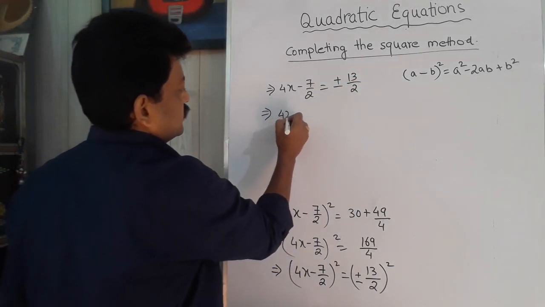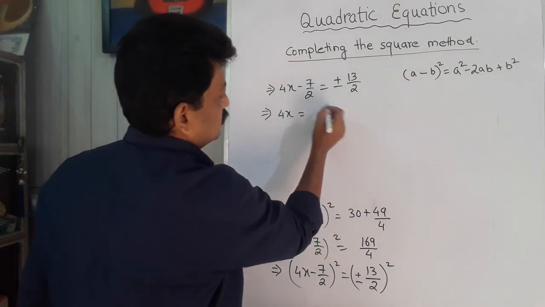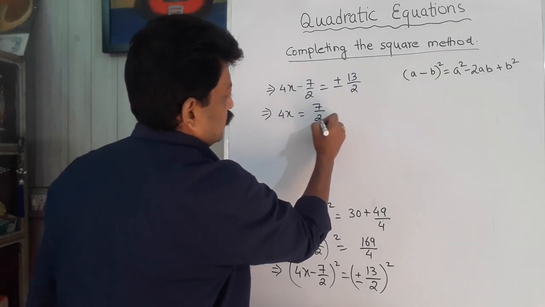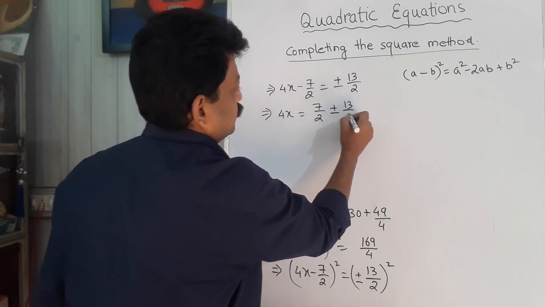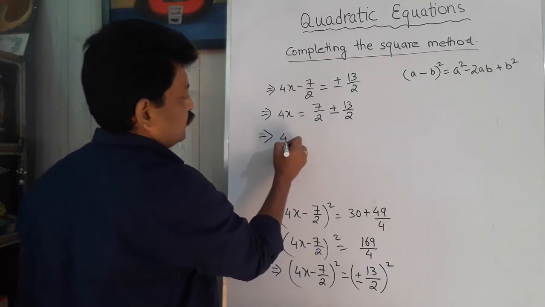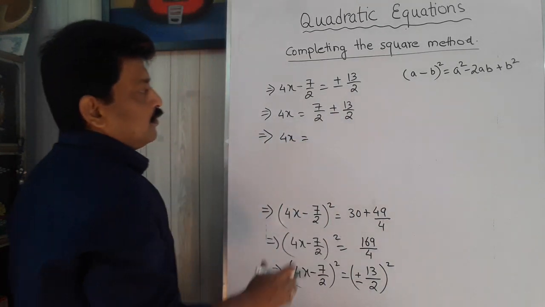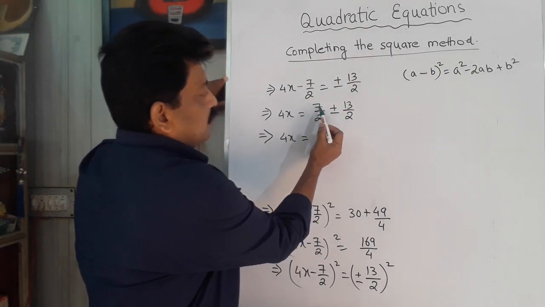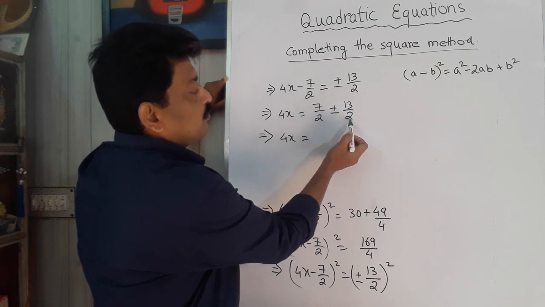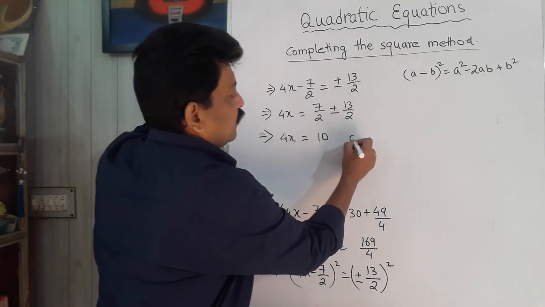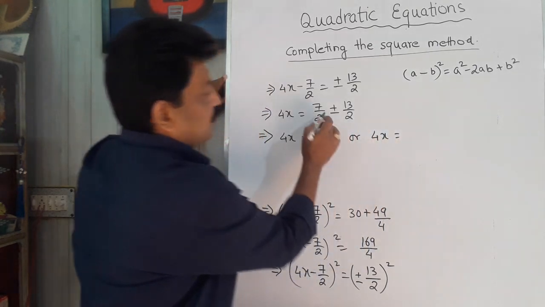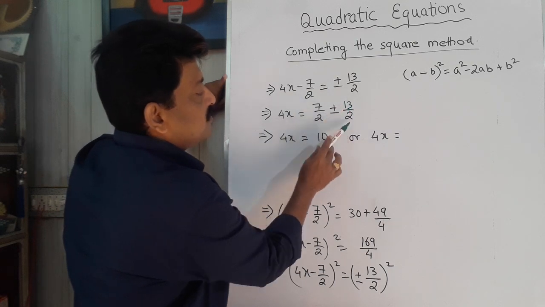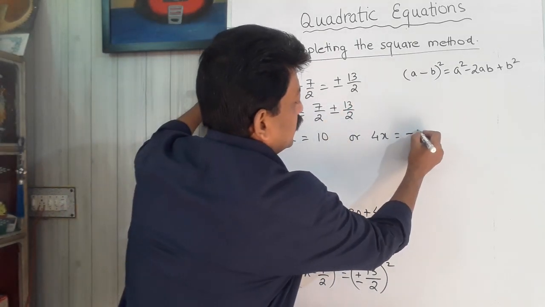That means 4x equals, this 7 upon 2 will become plus 7 upon 2, and this is plus minus 13 upon 2. So we have to take both the values, positive and negative. If we take the positive value, then 7 plus 13 is 20, 20 upon 2 is 10. Or when we take the negative value, 7 minus 13 is minus 6, minus 6 upon 2 is minus 3.